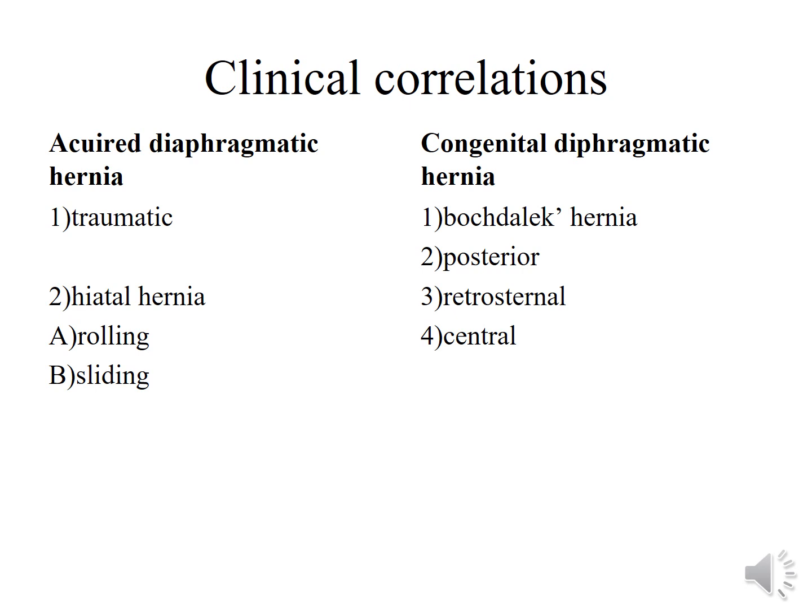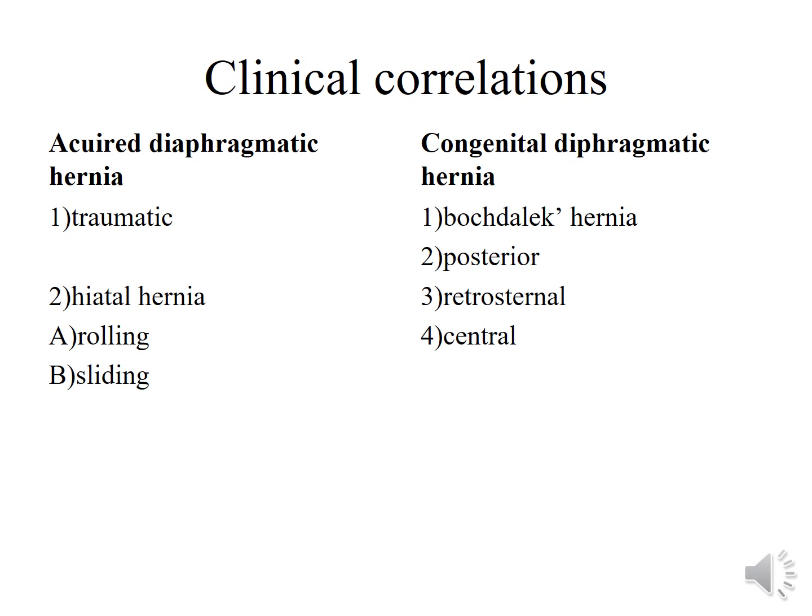The second hernia is the posterior hernia, which occurs whenever there is a deficiency in the development of the dorsal mesentery of the esophagus.